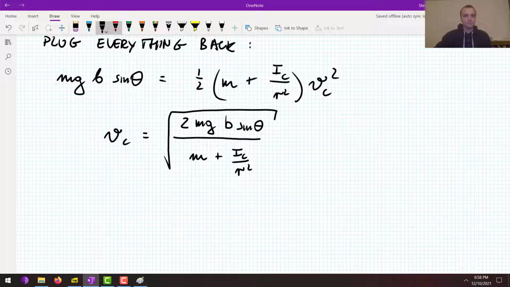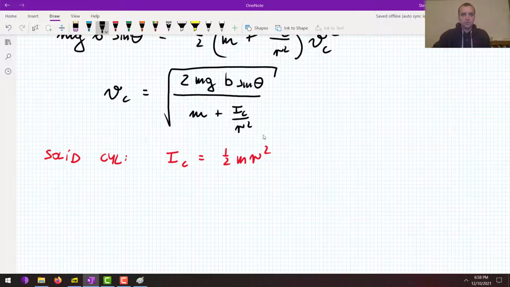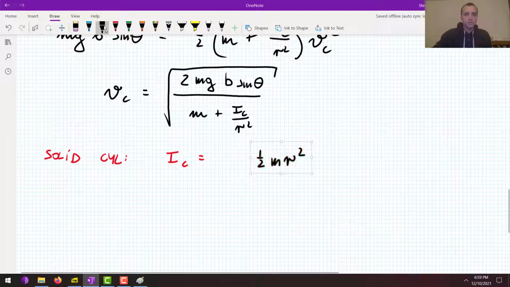However, we know that for the solid cylinder, we have ic equal to 1/2 m r squared. So let's plug that in here. I think IC is equal to IA, because IC will be equal to IA, and this is equal to 1/2 mr squared.